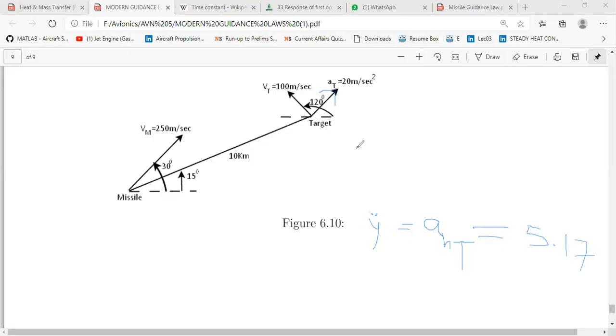Now next we need to find out y dot. Velocity normal to the LOS. Find out velocity normal to the LOS with a similar method.